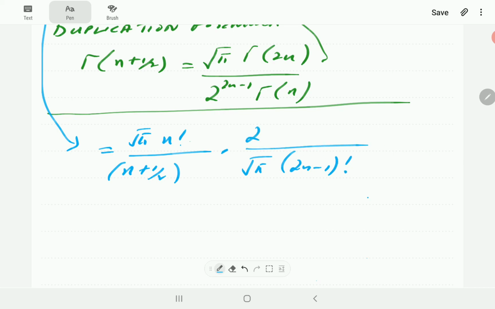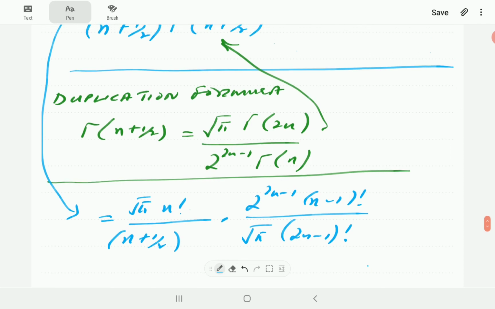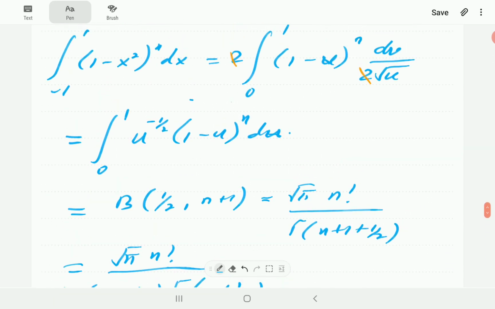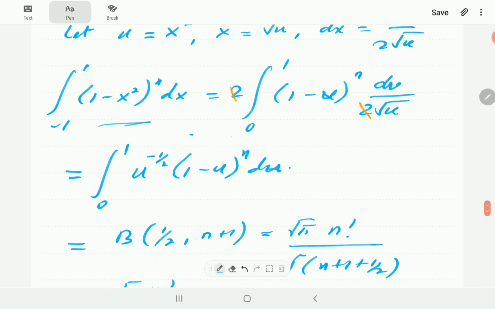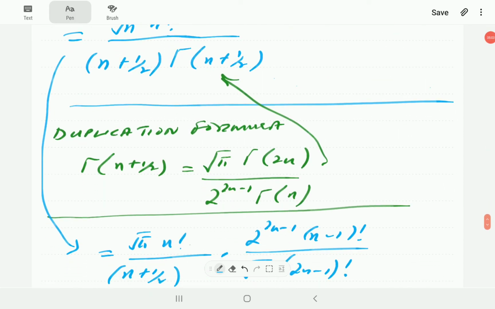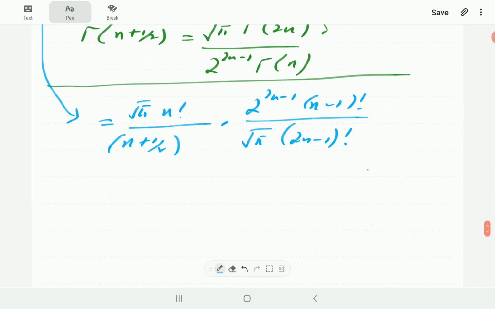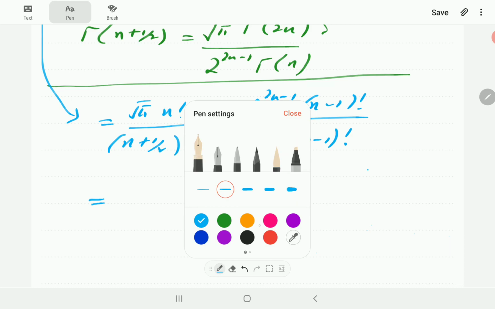Then in the numerator we're going to have 2 to the power 2n minus 1. Then gamma of n is n minus 1 factorial. So we're just going to work this out to the end, because the result of this integral as well, we are going to find that we need it a few times going forward from here.